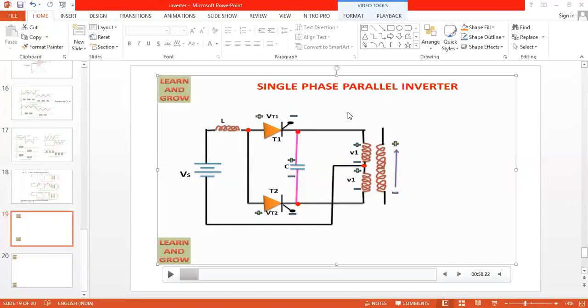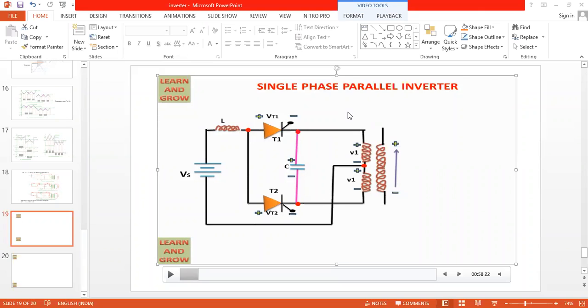Whereas the bridge inverter, which we have studied, is used to generate the modified sine wave. The modified sine wave is approximately 90% equal to the sine wave, and it is also used to turn on a bulb and a motor. So how many types of inverters do we have?